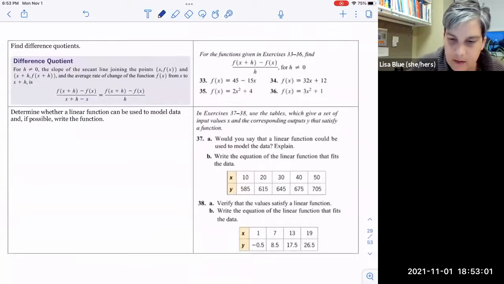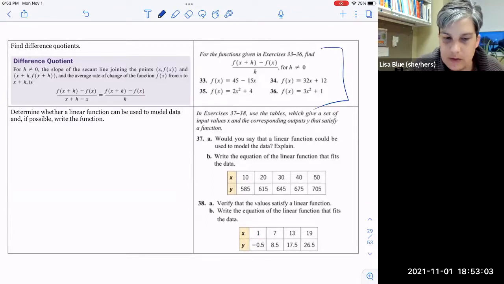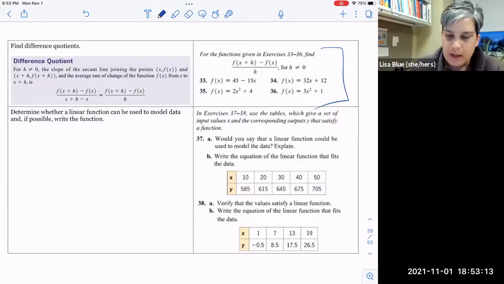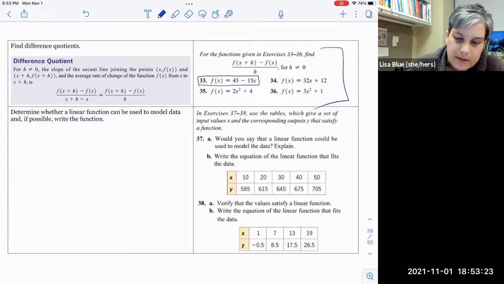Do you remember how to do the difference quotient? Would you like to see that right quick? Absolutely. Okay, fantastic. The difference quotient means that we're going to take an f of x value and also use f of x plus h.